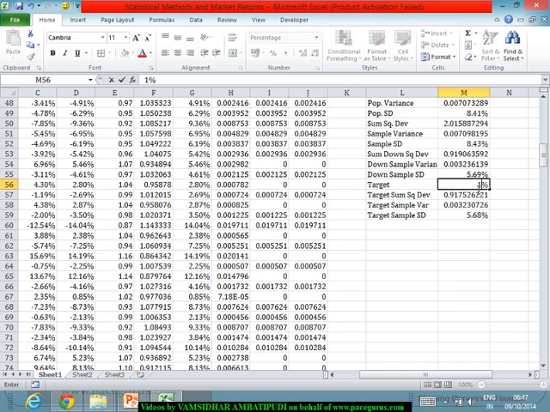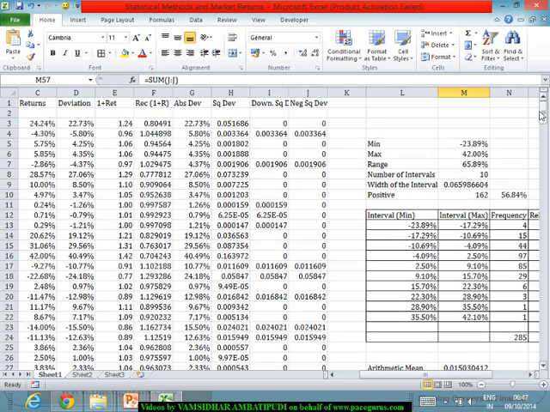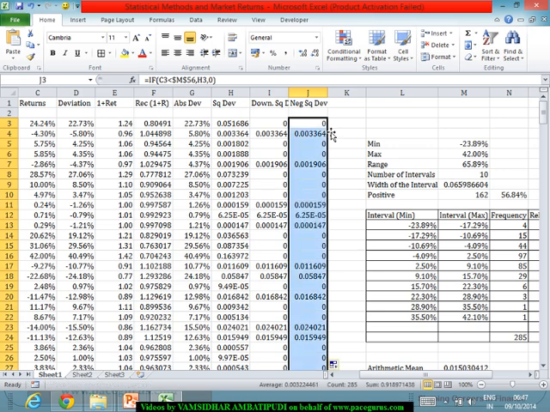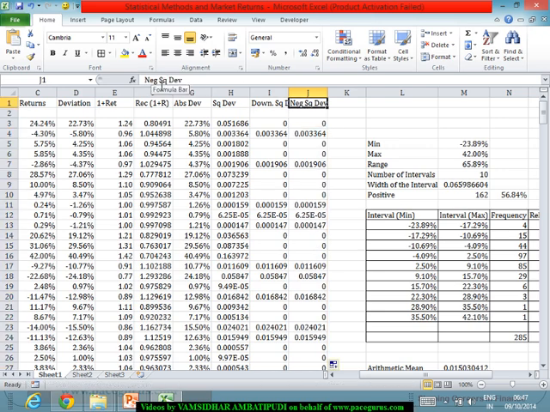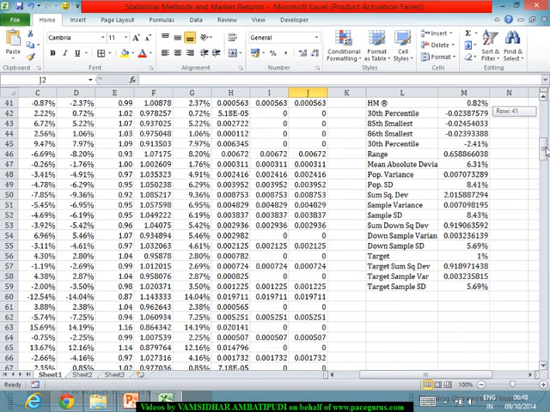What I could very well do is call it target based squared deviations instead of saying negative. And when I apply it across my data, what I could see is the target based sample standard deviation is 5.69%. Now when I set my target at 5% per month, my target sample deviation is going to be 5.76%. So this is how, once I change the target, my sample standard deviations and sample variances can very well change.